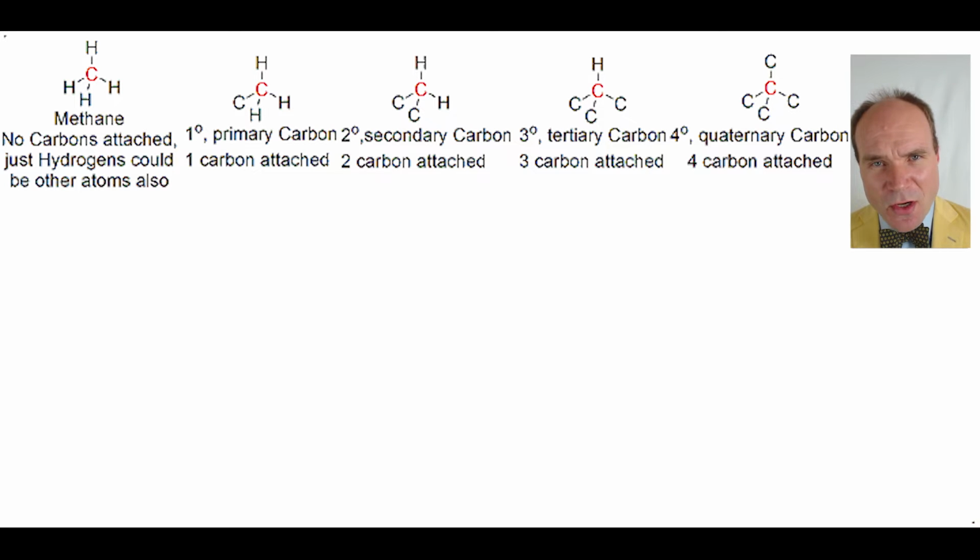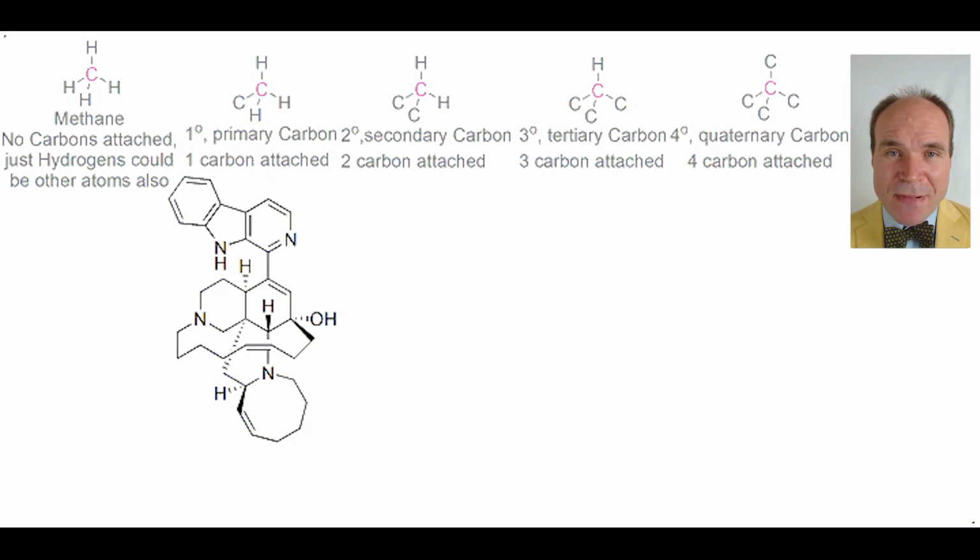Let's have a look at some more complex examples. This molecule is called manzamine A. And let's look at a specific carbon. What about this one? Well, this carbon has four other carbons attached to it. We haven't drawn the letter C, but as the lines zig and zag at each point, we know there is another carbon.